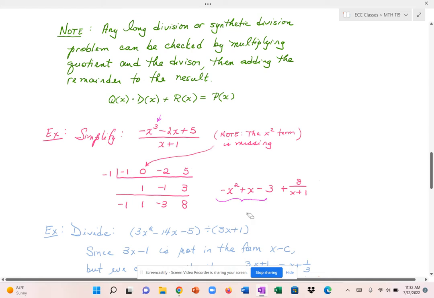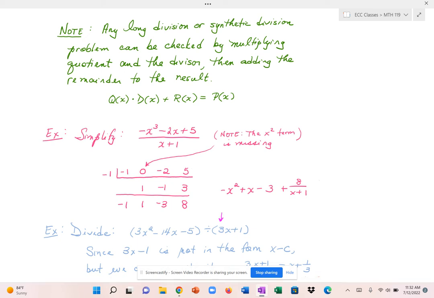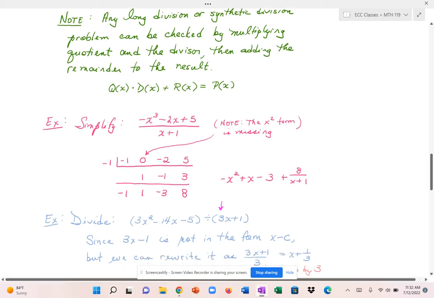Okay, so in this next example, this is the first time that I have a divisor whose leading coefficient is not 1. I have a 3 in front of the x. And so I mentioned earlier that that means that you're going to have to do an extra step. And actually 2 extra steps, one at the beginning and one at the very end, but they're basically the same step.